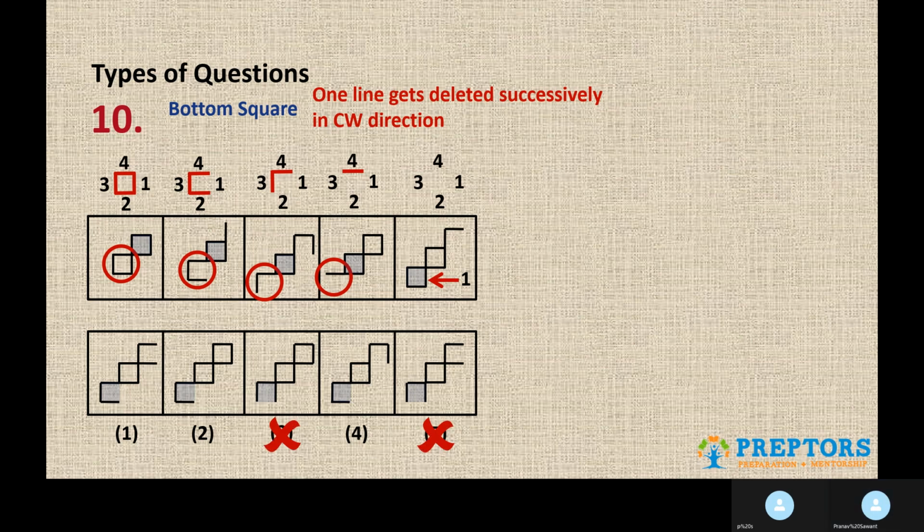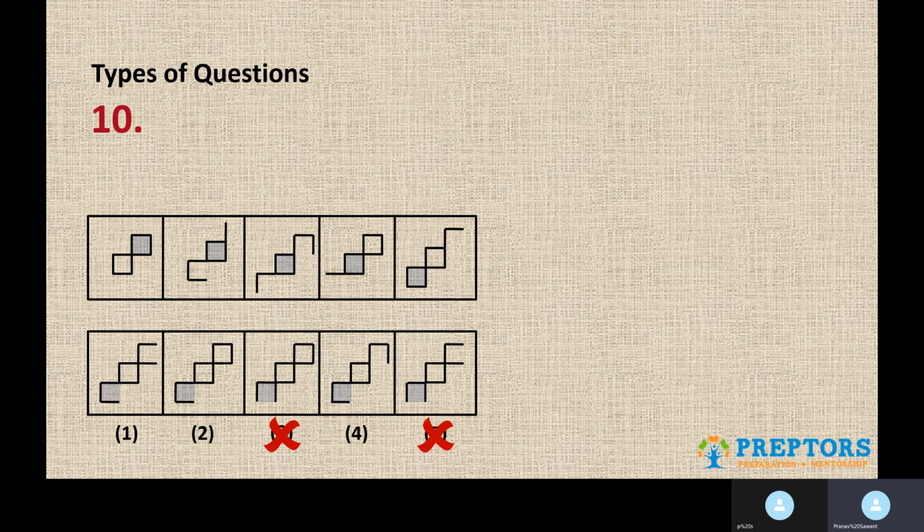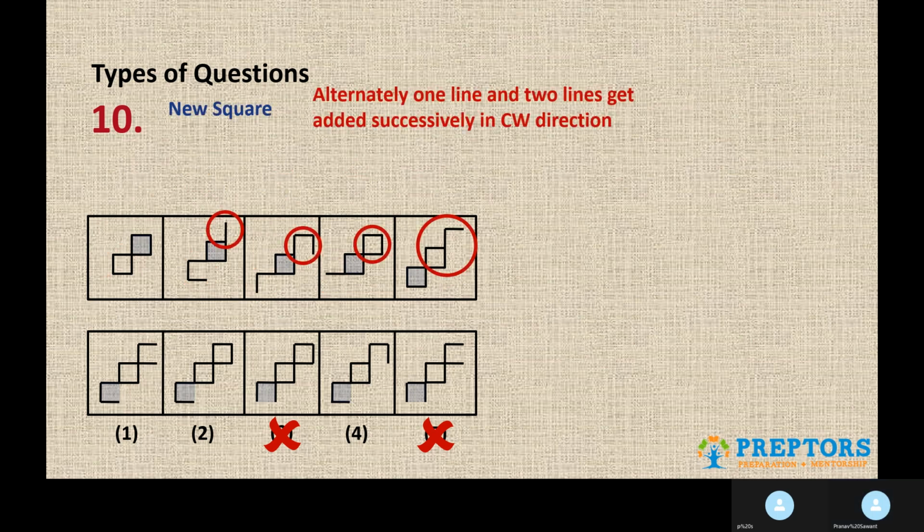Now, option 3 and option 5 are not the answer. Why? Because if you see, no lines are deleted in option 3 and option 5. They can't be the answer. So option 3 and option 5 are out. Now, there's also a new square forming. So how is that forming?